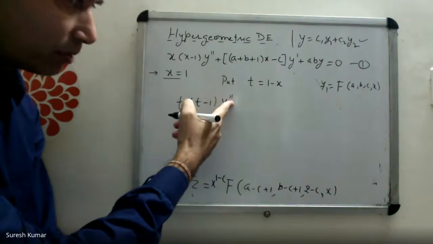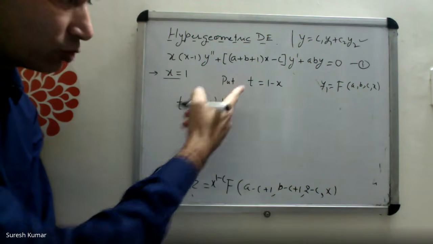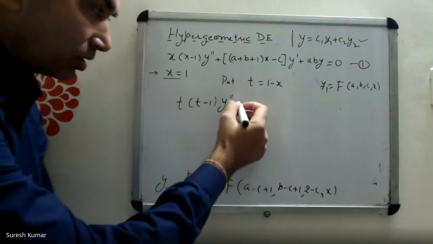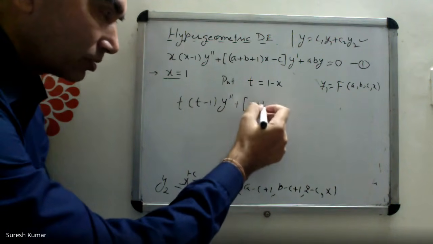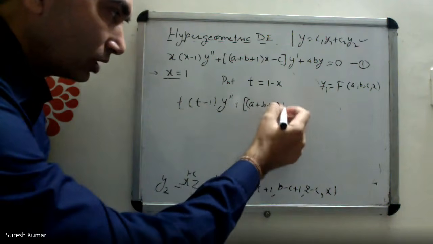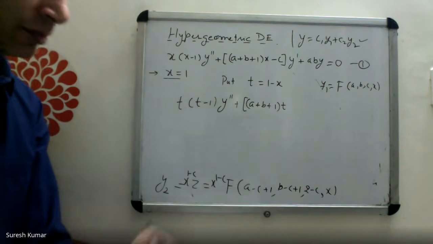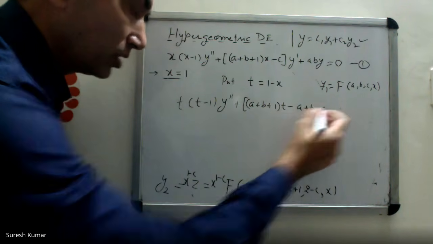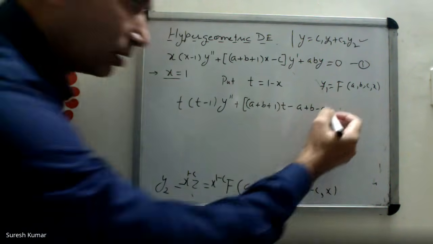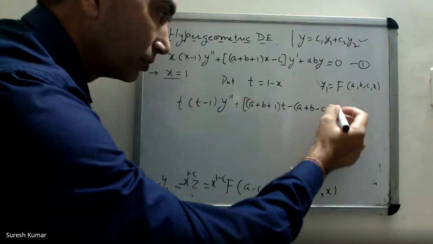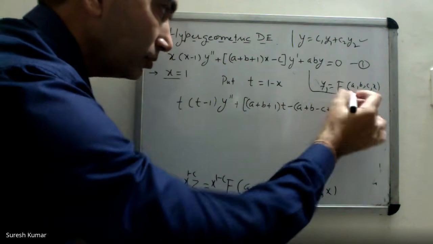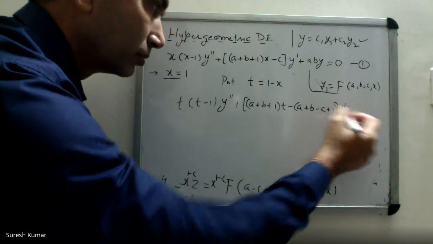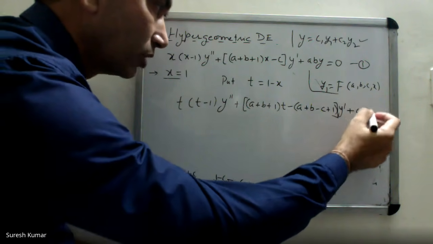Remember that here double prime means second derivative with respect to t. t into t minus 1 y double prime plus a plus b plus 1 into t minus a plus b minus c plus 1, y prime, plus ab into y.